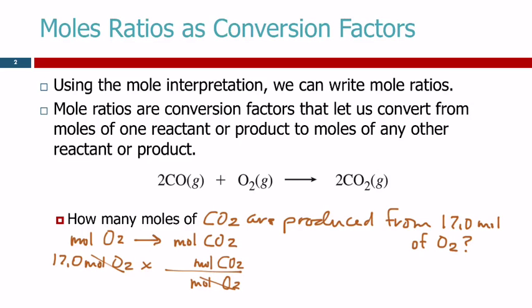Well, we're talking about this particular chemical reaction, and for every 1 mole of oxygen, we produce 2 moles of CO2. So 2 moles of CO2 per 1 mole of oxygen. And then we do the math, and we get 34 moles of carbon dioxide.